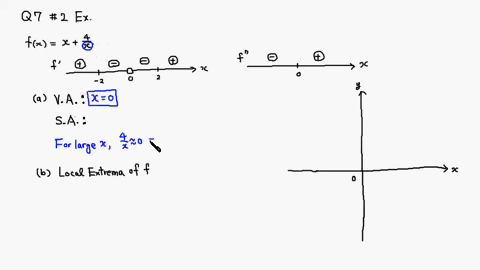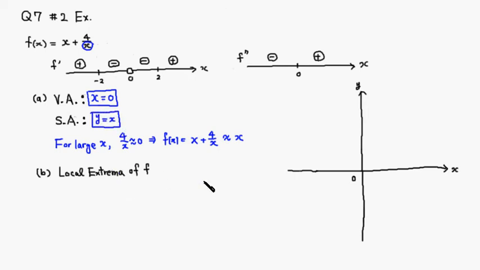Which means that for large x value, f of x, which is x plus 4 over x, but 4 over x is almost 0, so this is very similar to just x. So the slant asymptote is going to be y equals x. Y equals x, so that's the slant asymptote.